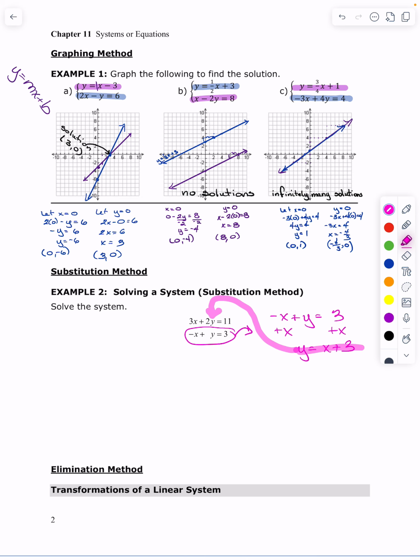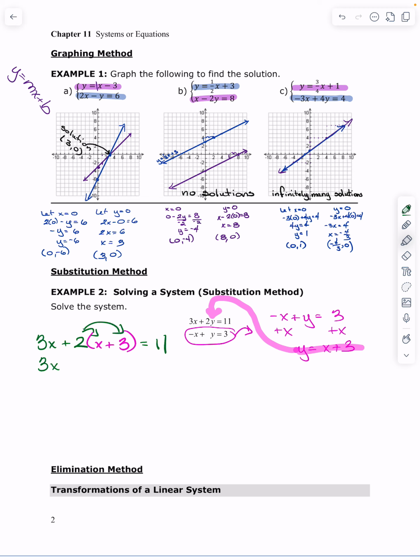Keep in mind the goal of solving a system is to find the x and y that are the same in both equations. So if in my second equation y equals x plus 3, y better equal x plus 3 in my first equation too. We're going to use some algebra to distribute here.